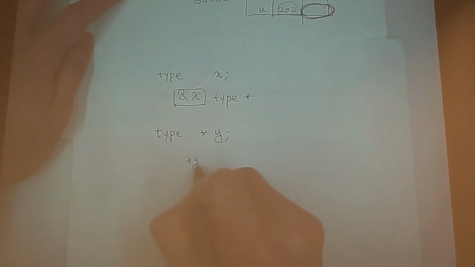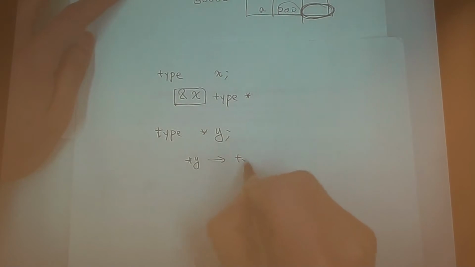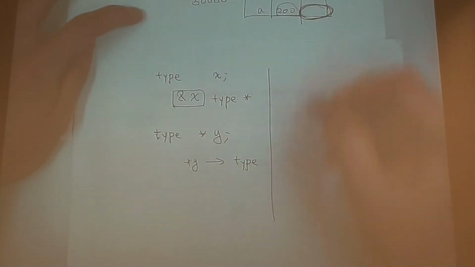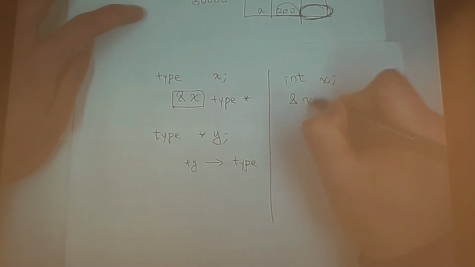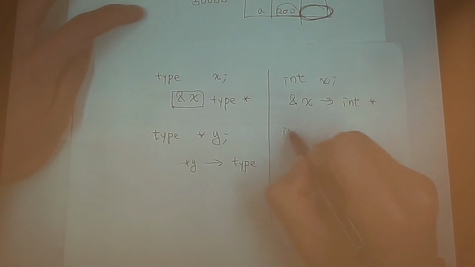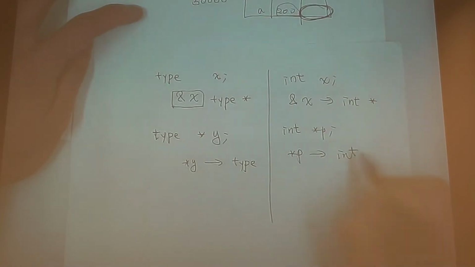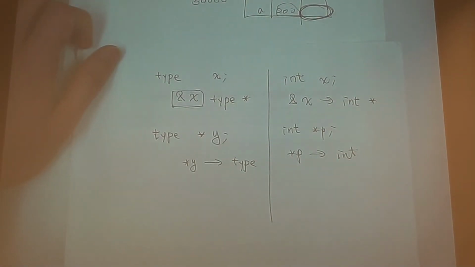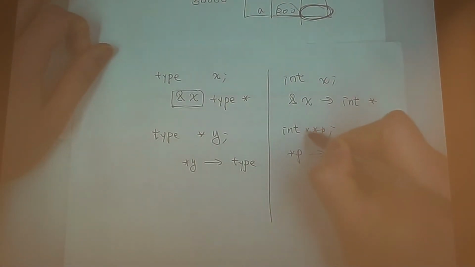Your star y, the type will be type. So maybe this is too confusing. I have integer x, ampersand x gives me integer star. I have integer star p. Star p gives me integer. And if you have star star, that gives me integer star.